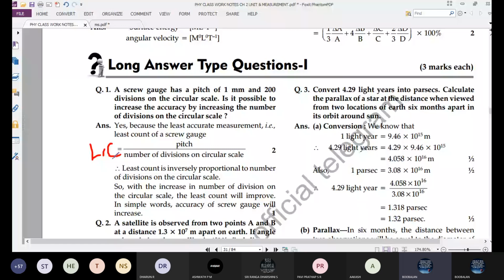Now, by increasing the number of divisions on the circular scale, the least count will improve, so accuracy will also increase. Please note it.